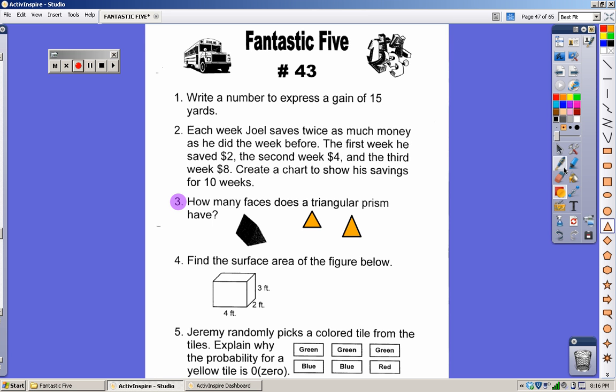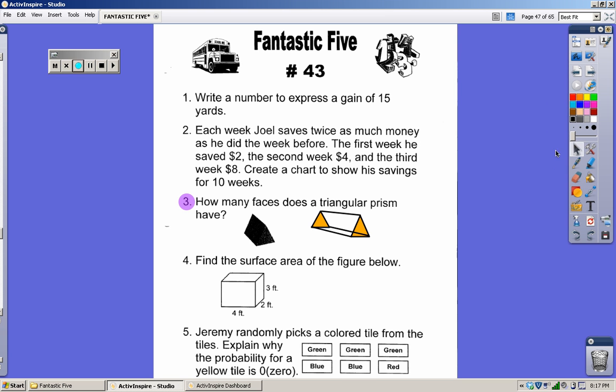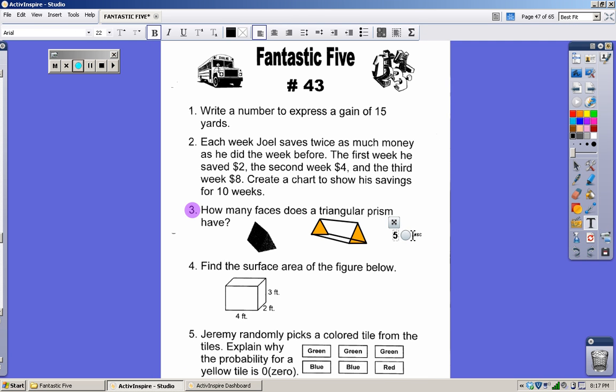And then if you connect your lines, you'll see that I've created one face right there on the front, one face on the bottom right there, and then that back face. So we have 1, 2, 3, 4, and 5 faces for that figure. It has 5 faces.